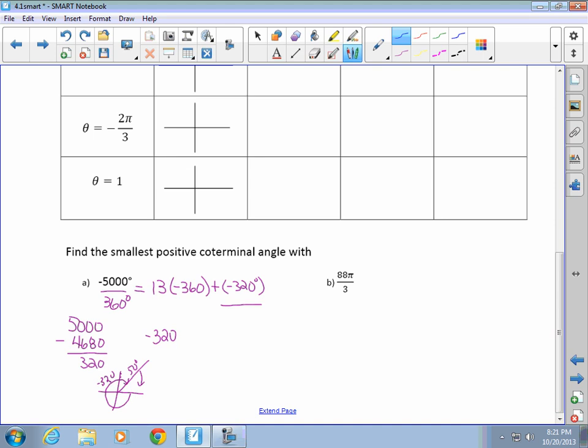I'm left with 40 degrees to get back to here. Positive coterminal means the x-axis is my initial arm, and that's my terminal arm. So really what I've done is subtract my 320 from 360 degrees. So my smallest positive coterminal angle to negative 5,000 is 40 degrees.